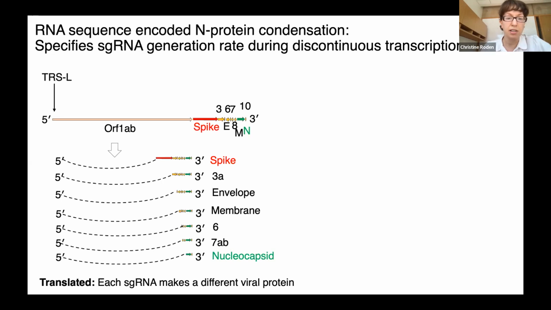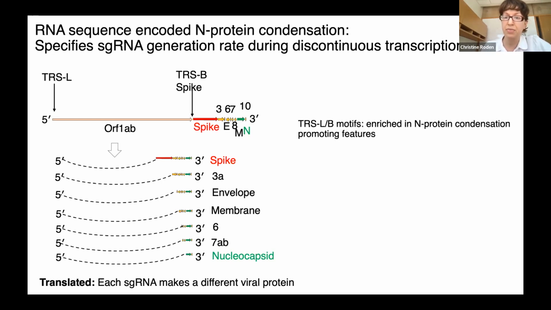And we know that the recombination occurs between the TRS leader sequence, or transcription regulatory sequence, and the TRS body sequence. I've just highlighted the one for spike, the protein that the vaccine is directed against.